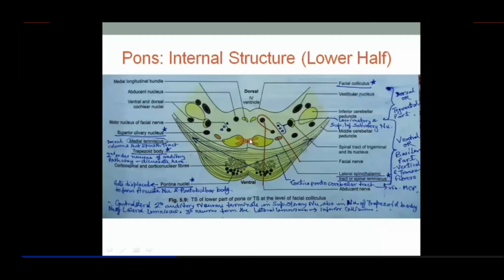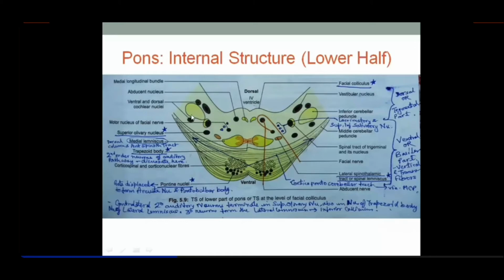Now in this tegmentum, you can see there's a dorsal surface, or the deeper surface, which has two convexities on the dorsal aspect which form the facial colliculus.